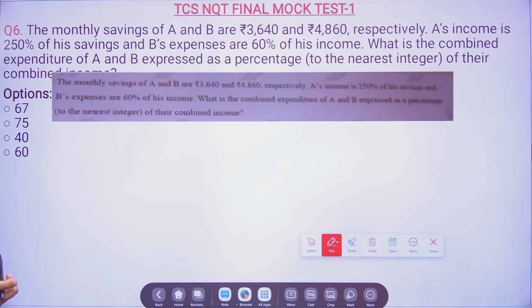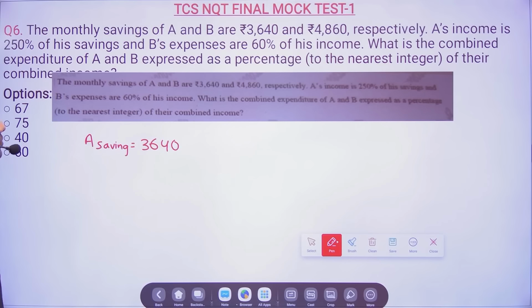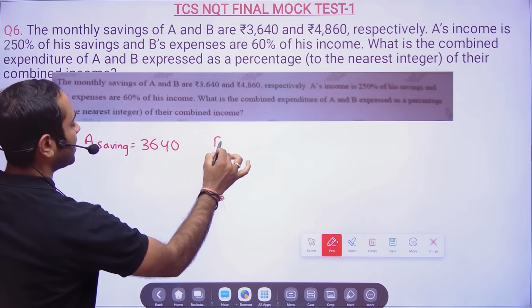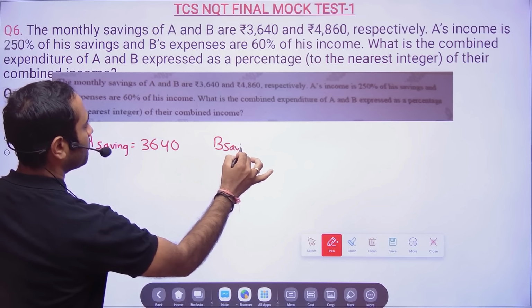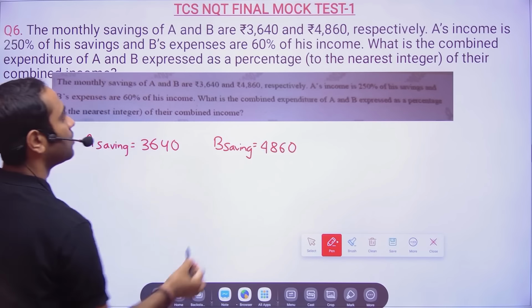So the monthly savings of A and B are given. A saving is 3640. And B saving they have also given, which is 4860.